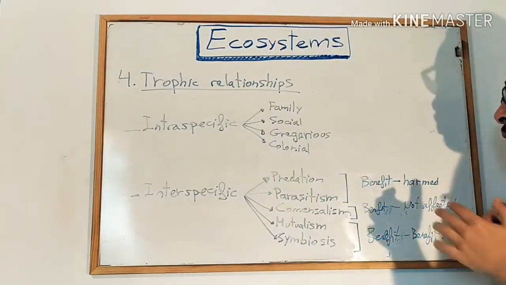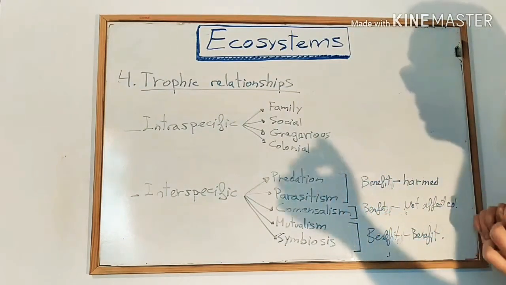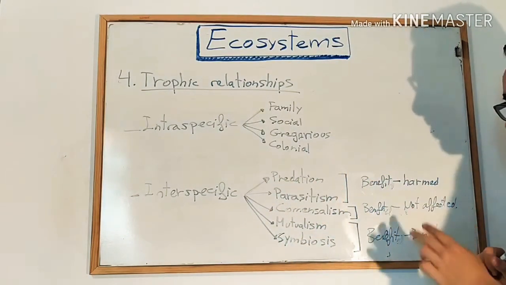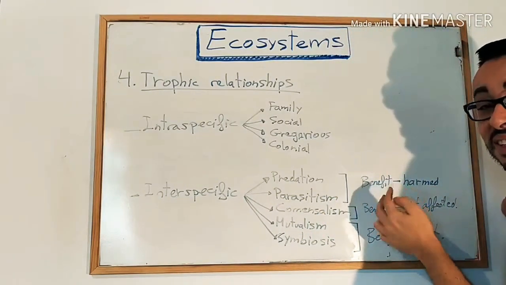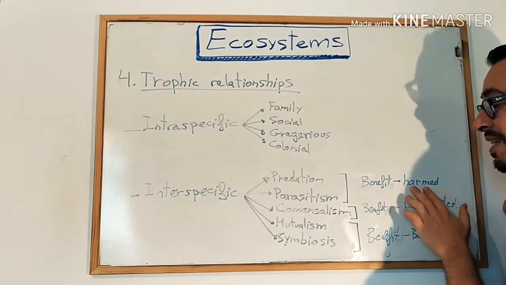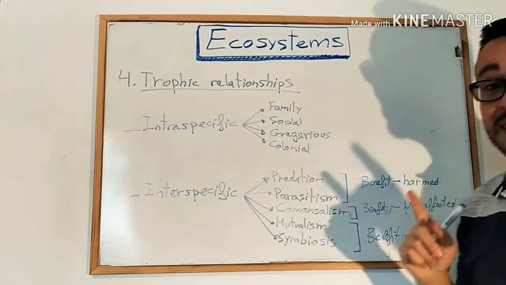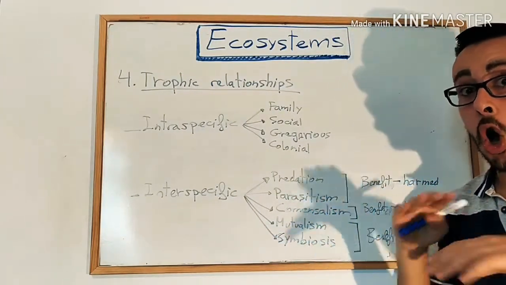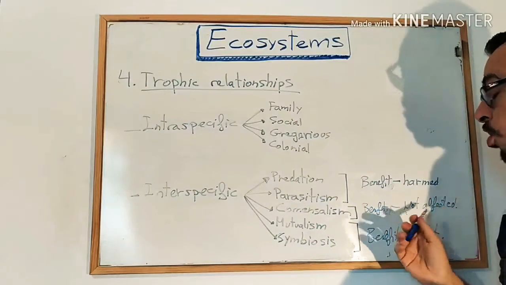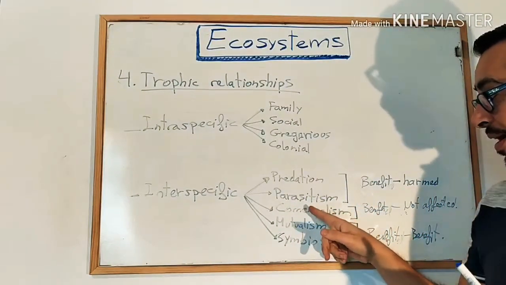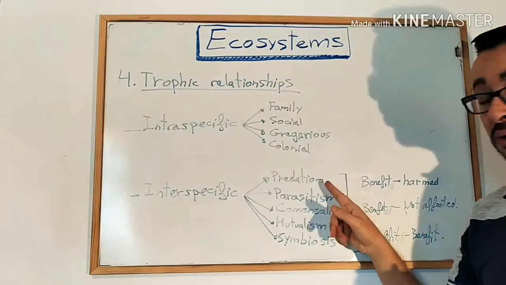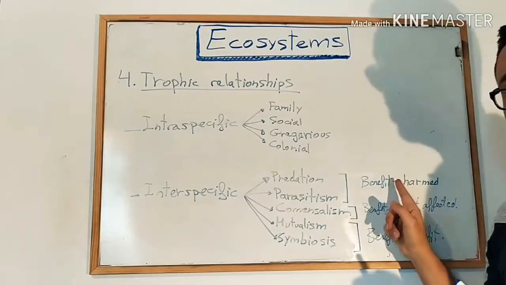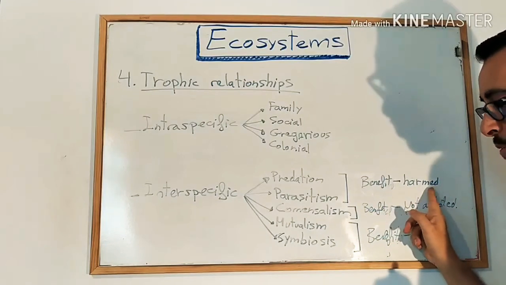Parasitism is when one benefits and the other one is harmed, but the parasite is living on the host. In the case of predation, we are talking about the predator and the prey.